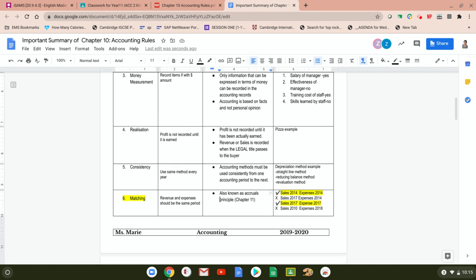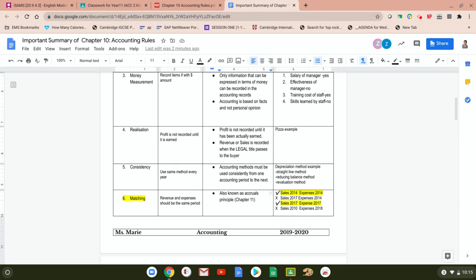this year. Well, technically in higher accounting, there is a way to record the old expenses or old income. We can still record them, but it's part of a more complicated way of accounting. And in your syllabus, it's very simple. We just follow the basic way of how to do it. We follow the matching principle.